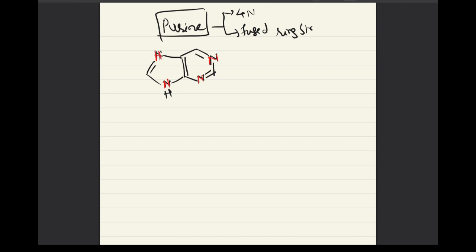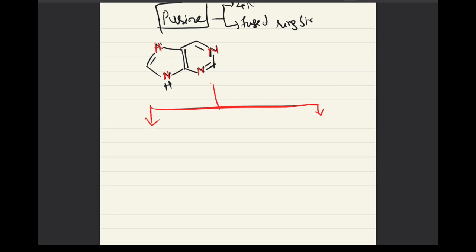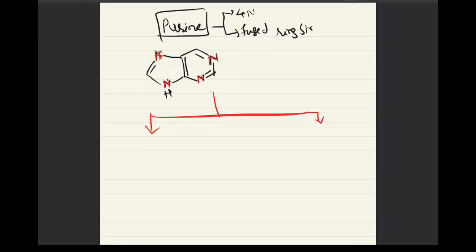Now we will draw the true structures for these purine nitrogenous bases. Okay, first one is adenine, and we know adenine and guanine are the derivatives of the purine, so it is very easy for us to draw the structures of adenine and guanine.